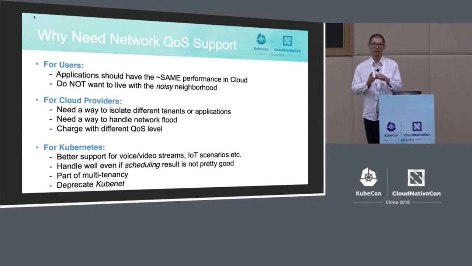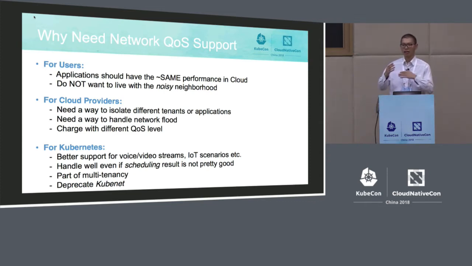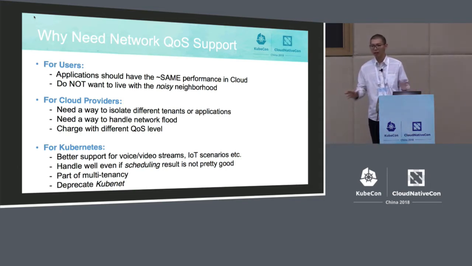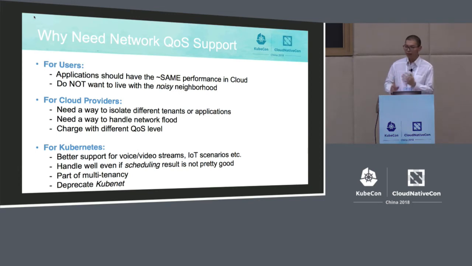For the Kubernetes scheduler and pod performance, resources will compete with each other, so they need isolated deployment. And if the scheduling is not that satisfactory, then from the network level they can still finish the isolation. So Kubernetes can do more in terms of QoS and isolation.